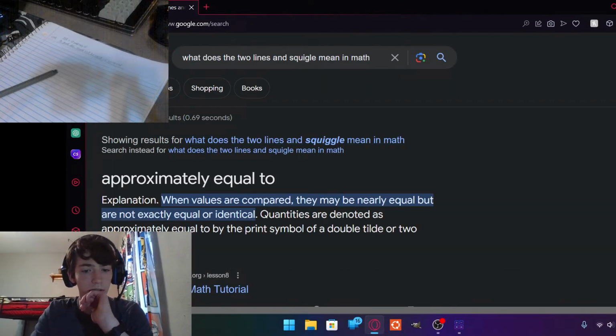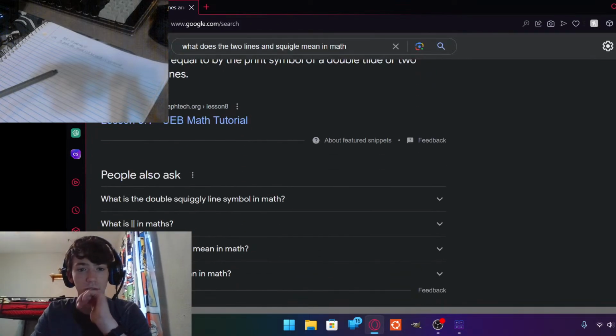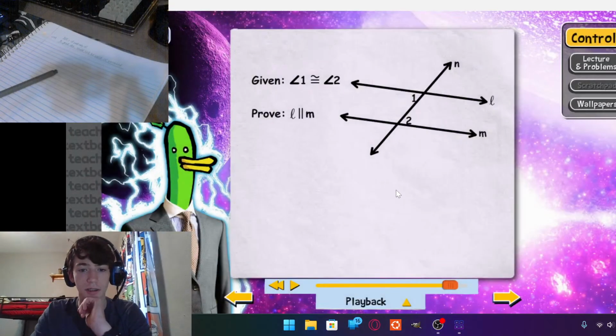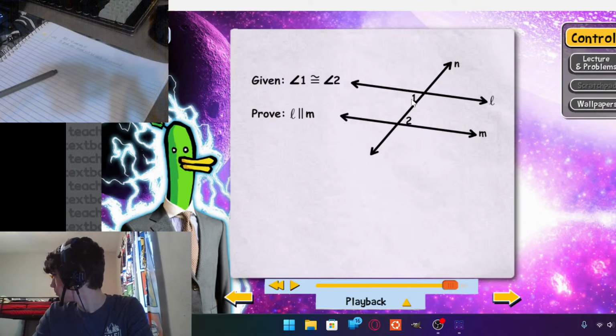Where is it? Approximately equal to. Okay, well, that's the same as equal to, so it's not helpful. It's equal because if these two are equal and they're alternate interior angles, I'm not recording. I'm trying to figure out if, yeah.